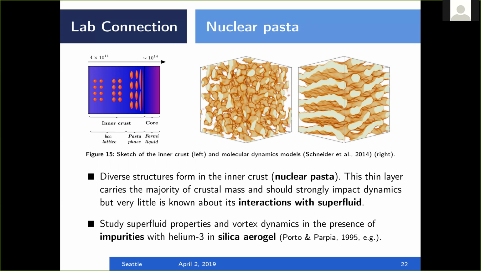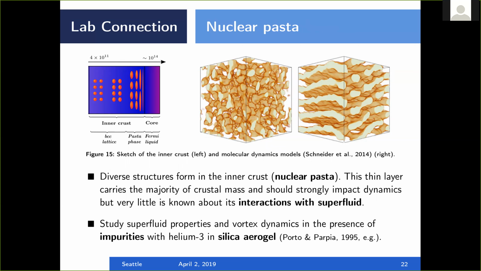You can turn them from perfect spheres into gnocchi, or make elongated spaghetti, or lasagna shapes, hence they are referred to as pasta. So the majority of the mass in the crust is located in this pasta region.